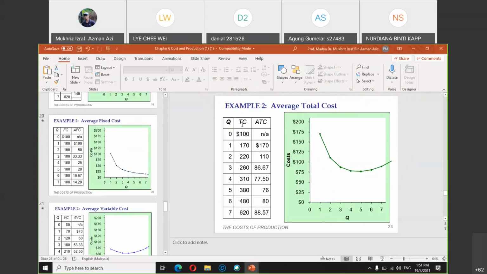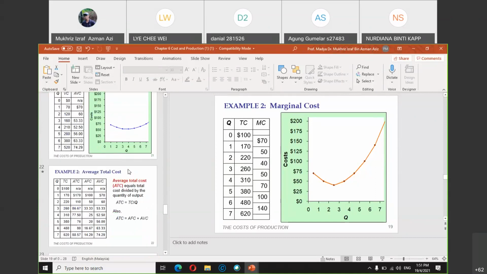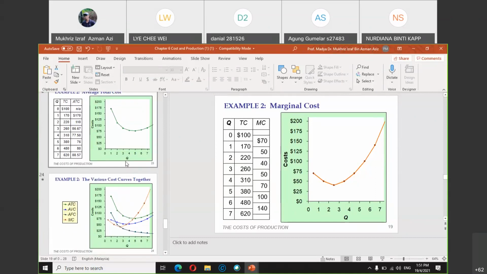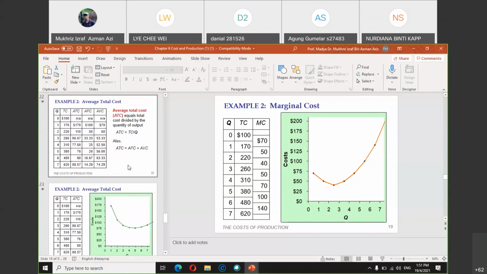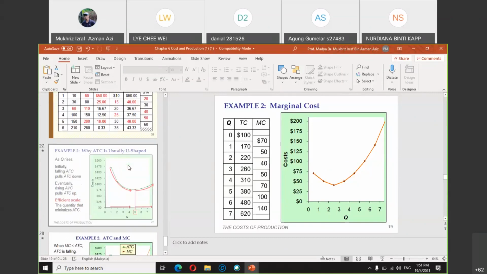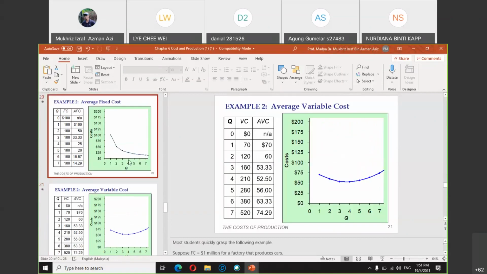Because the cost remains the same, but you divide by the higher number of quantity. So for average fixed cost, okay, there is the slide for this one.